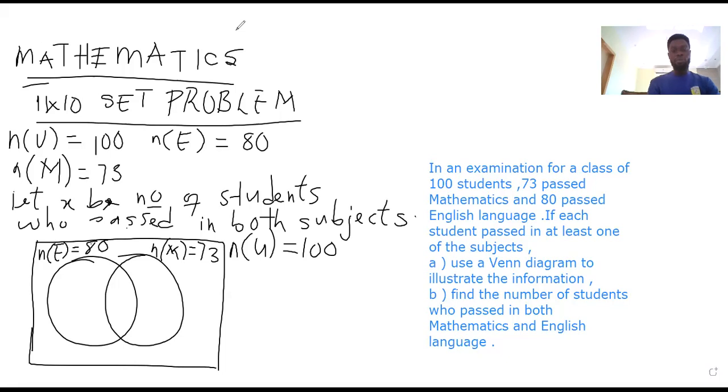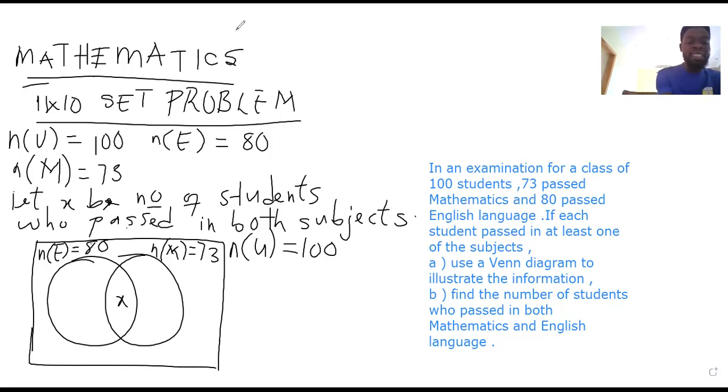Good. Now, we are going to represent the intersection with a variable, X, which we have named already. Right. Now, we need the number of students who pass in English only.